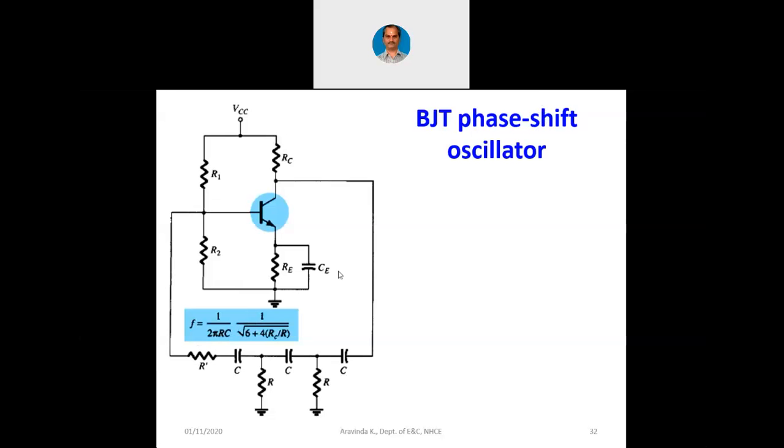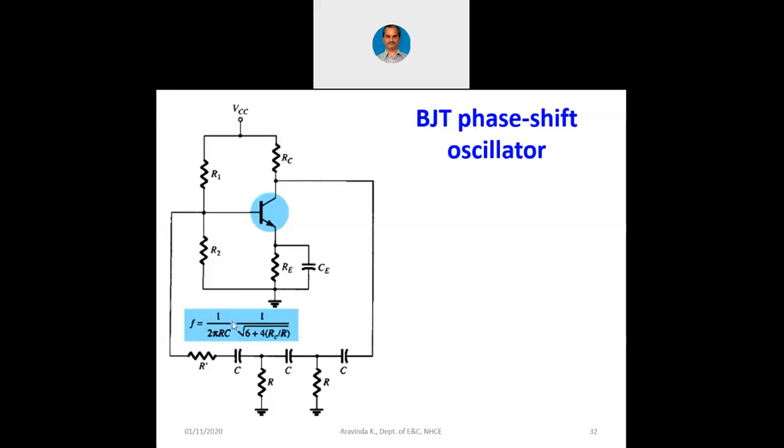Now this is the complication when we use BJTs for oscillators. You can see a difference in the expression for the frequency also. In case of earlier circuits it was 1 over 2 pi RC root 6 only.